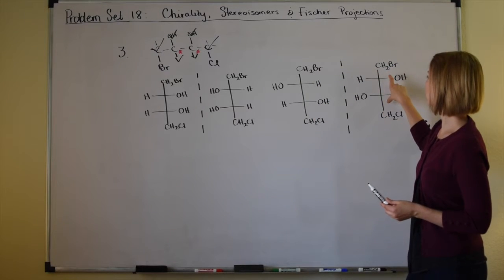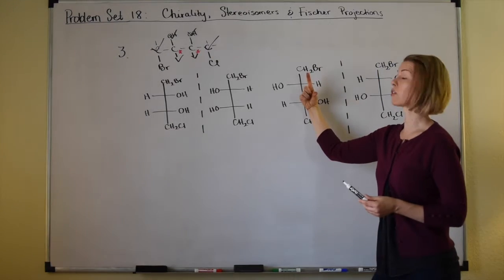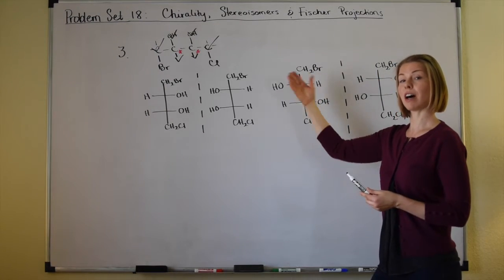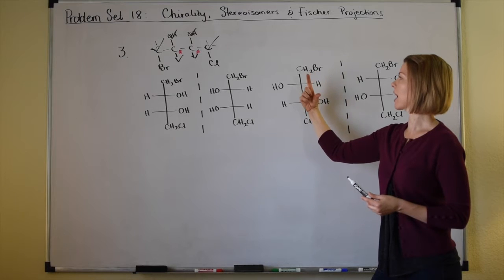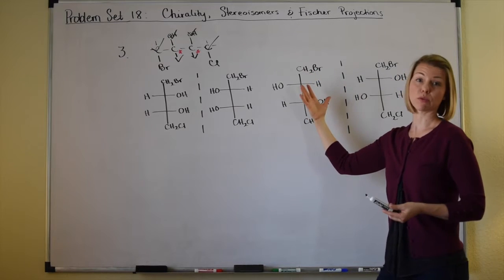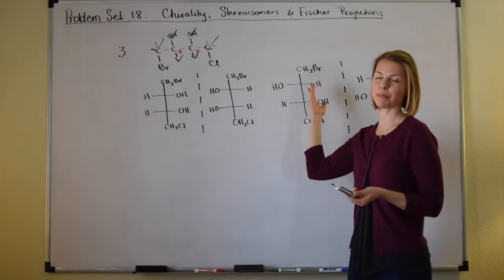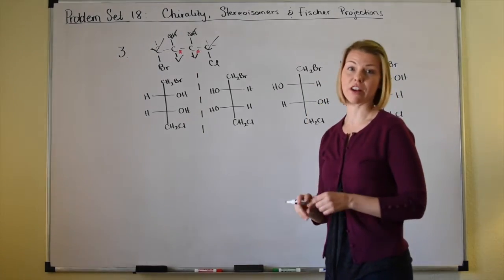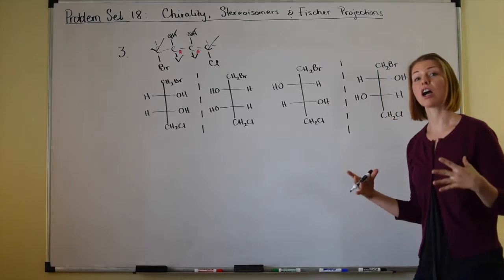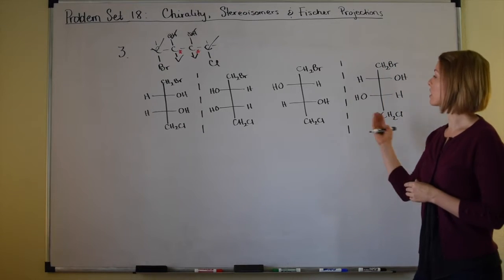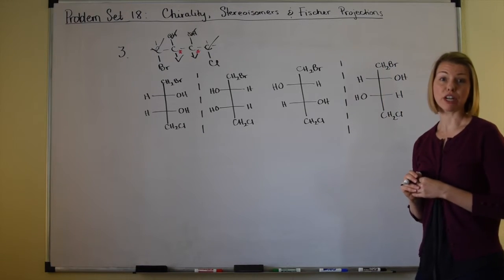If you try to flip it and lay it so the OHs do go to the correct sides, you're going to have your carbon backbone going the wrong directions, and actually your horizontal as well. Instead of coming out at you, they'll be going away from you in the one that you took out of your Fischer projection. So they're not going to superimpose. So these are non-superimposable mirror image forms.